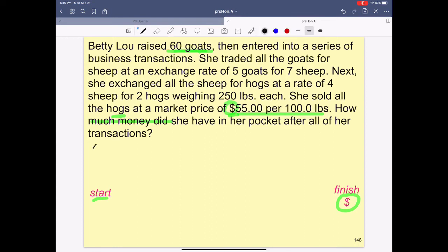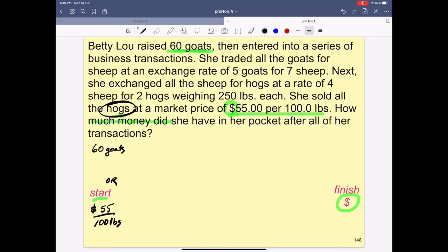For instance, we might write down 60 goats, or we might start with Betty Lou will end up with $55 for 100 pounds. That's, of course, 100 pounds of hogs, not 100 pounds of goats.